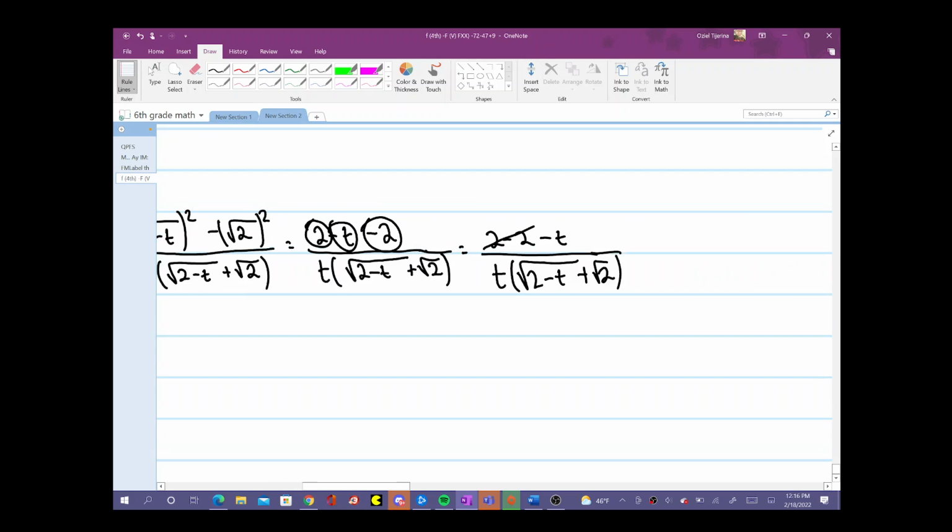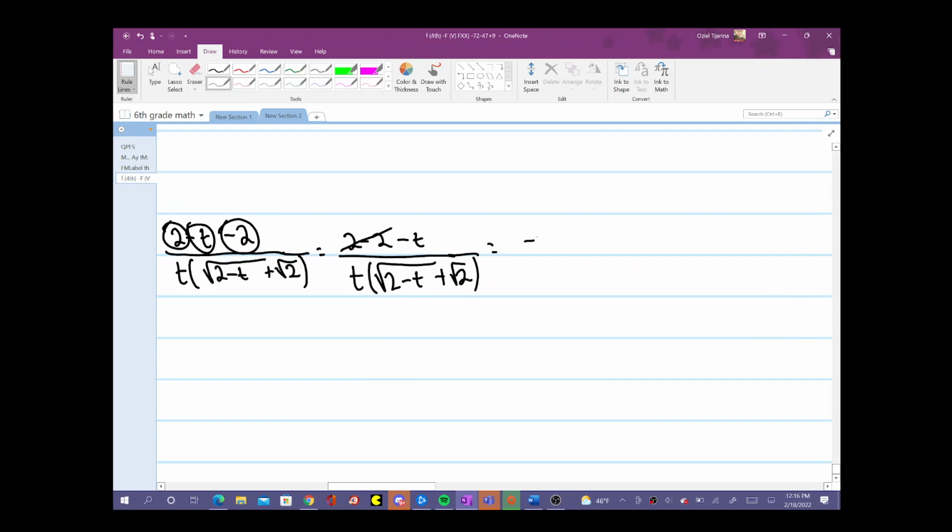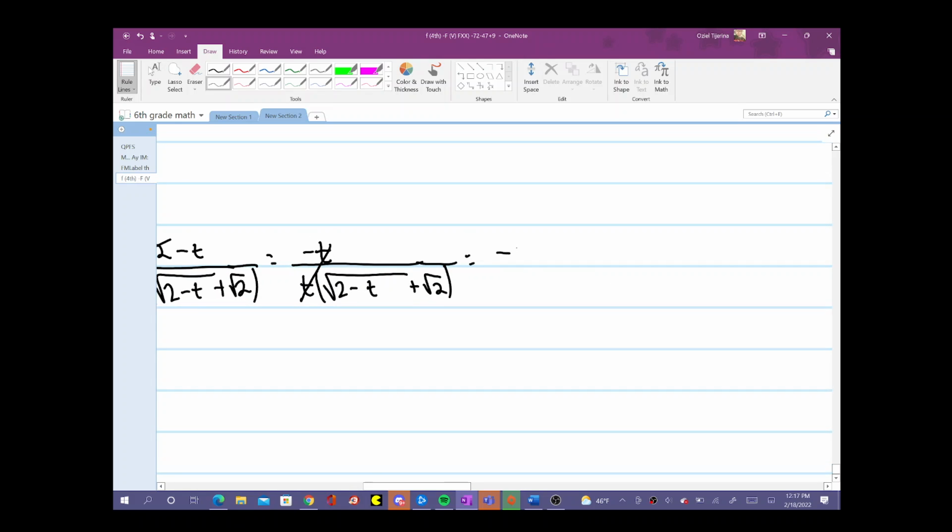And then the negative t cancels out, so negative t over t times the square root of 2 minus t plus the square root of 2, right? So then the t cancels out. We are left with negative 1 over the square root of 2 minus t plus the square root of 2.